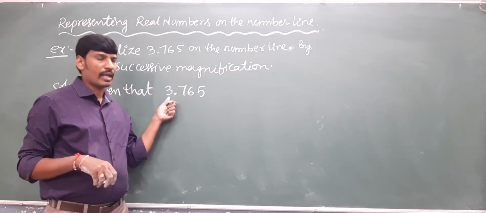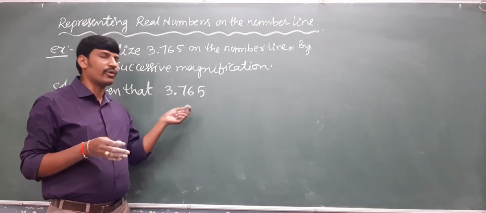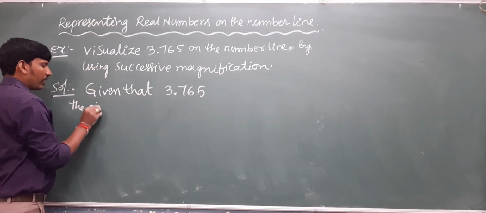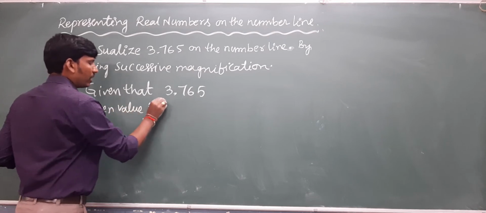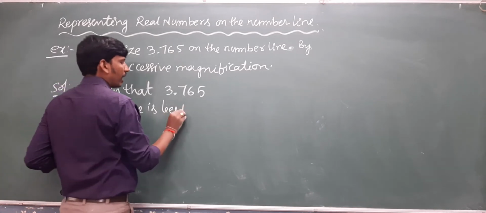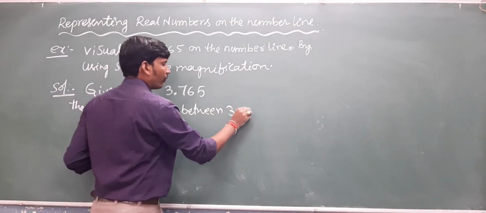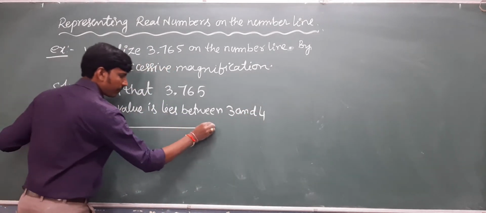The whole part is 3, and after 3 we have 4. So this value lies between 3 and 4. So we need to draw a number line like this.